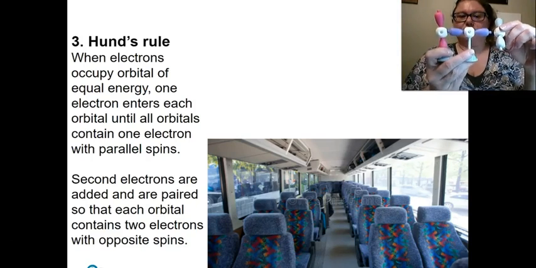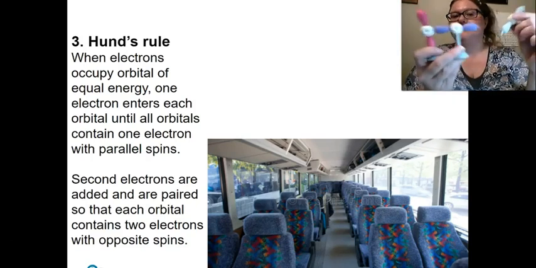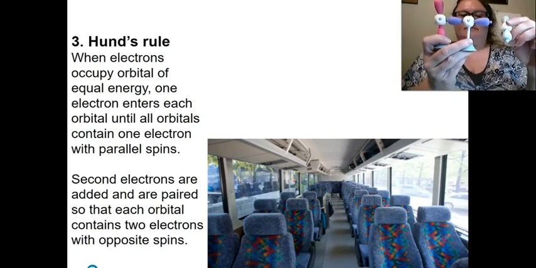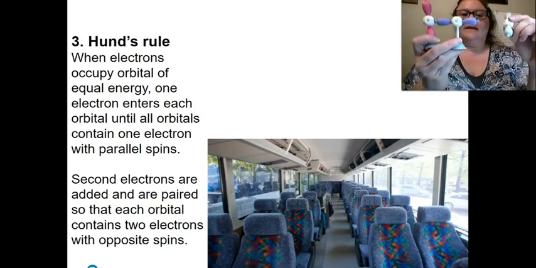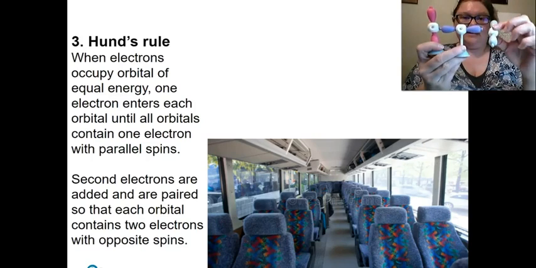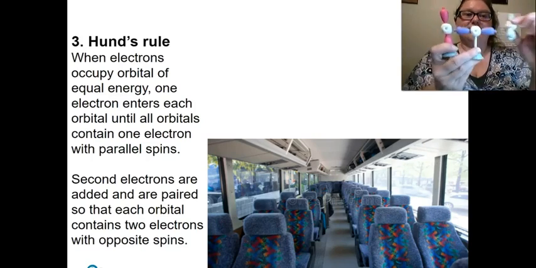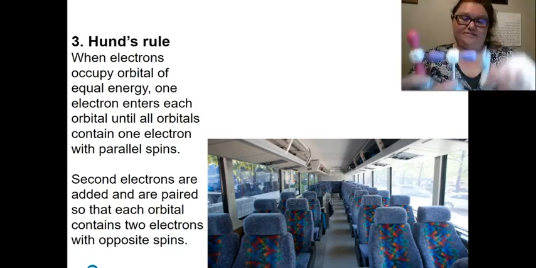So if we're looking just at the p sublevel of 2, Hund's rule says that as you put individual electrons in here, they all go in the same direction first, then they pair up as opposite spin.